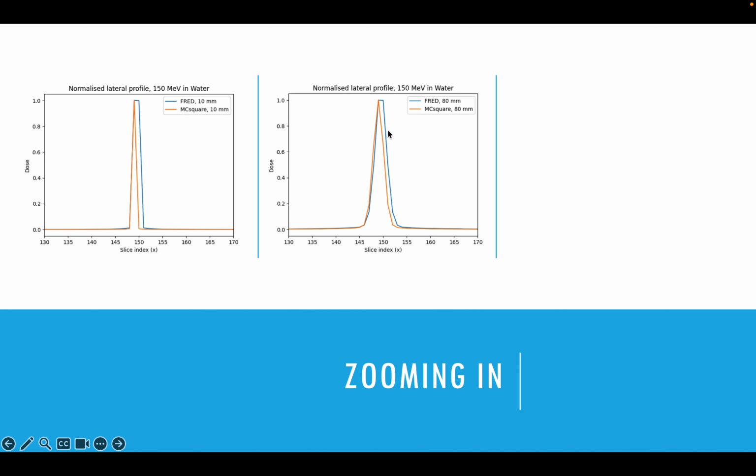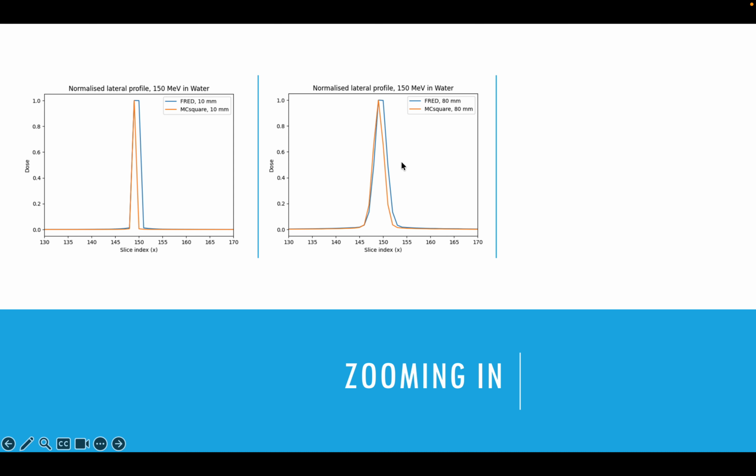Then I plotted it at the center of the entrance of the phantom and the Bragg peak. So this profile at 80 millimeters inside the phantom is between the Bragg peak and the entrance of the water phantom.